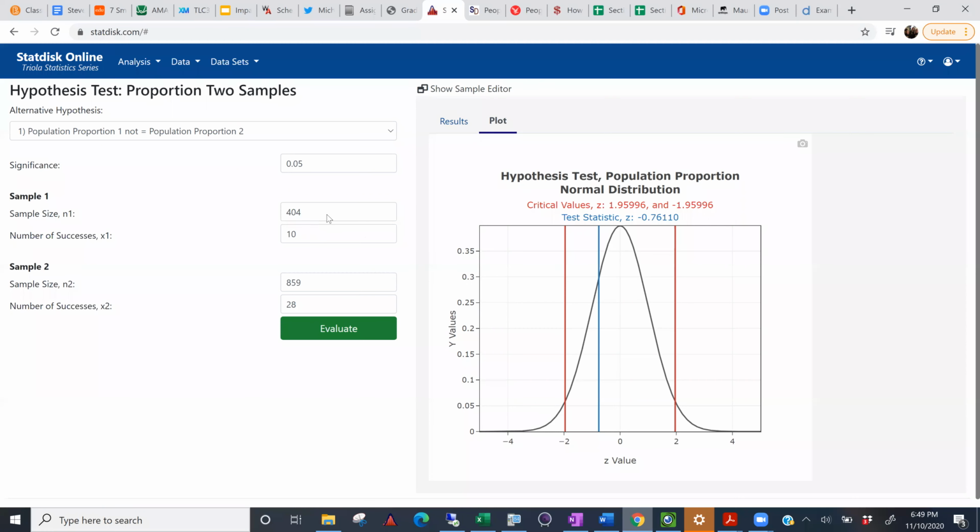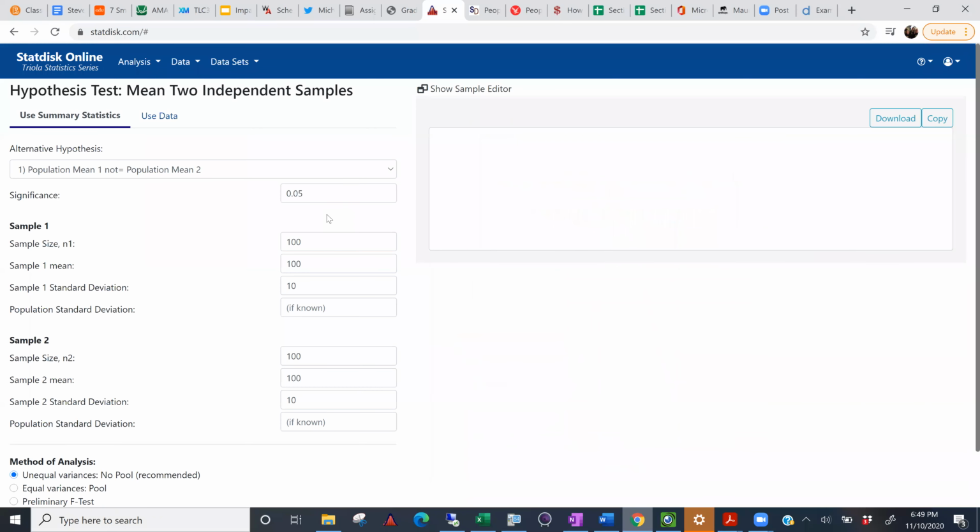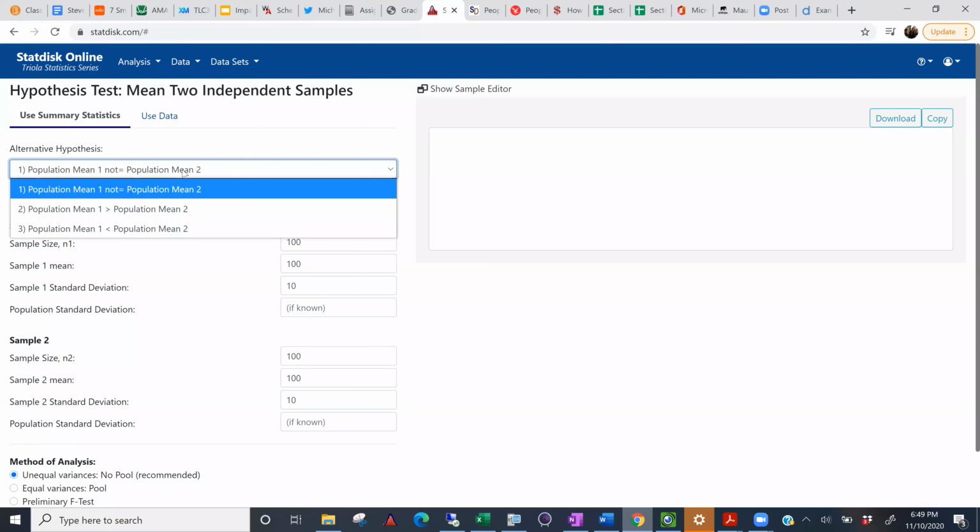Another 2 independent samples. We'll start by adjusting our alternative hypothesis. You've got 3 possibilities: the not equal to, the greater than, and the less than, 1, 2, and 3. Which one do we want? Less than, thank you.